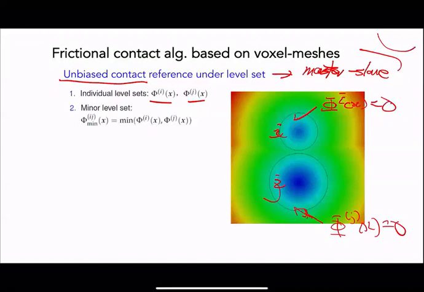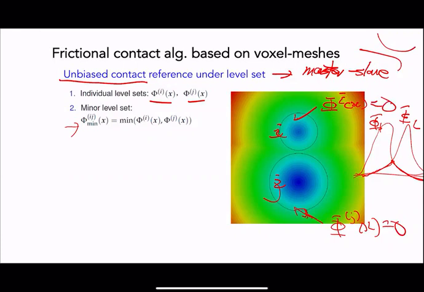What we're trying to do is compute the minimum between the two. If you have a field, the minimum is compared point by point. So if you have a level set that looks like this for the first, and for the next one you have this, then you take the minimum between the two, which means that this would be the minimum.